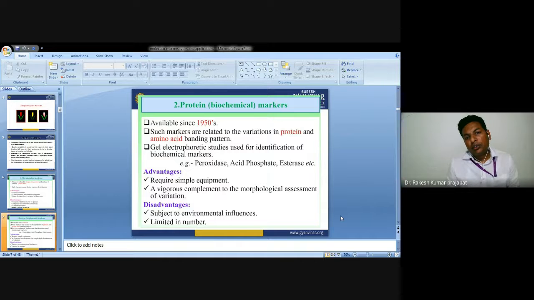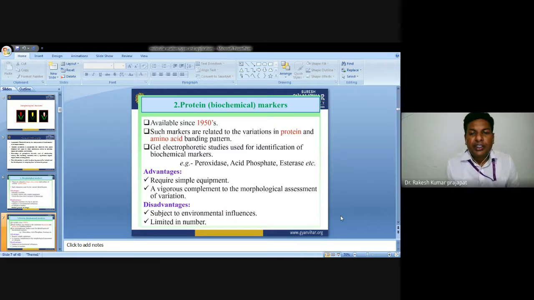Protein markers, or in other words biochemical markers, have been available since the 1950s. Such markers are related to variation in proteins and amino acids.